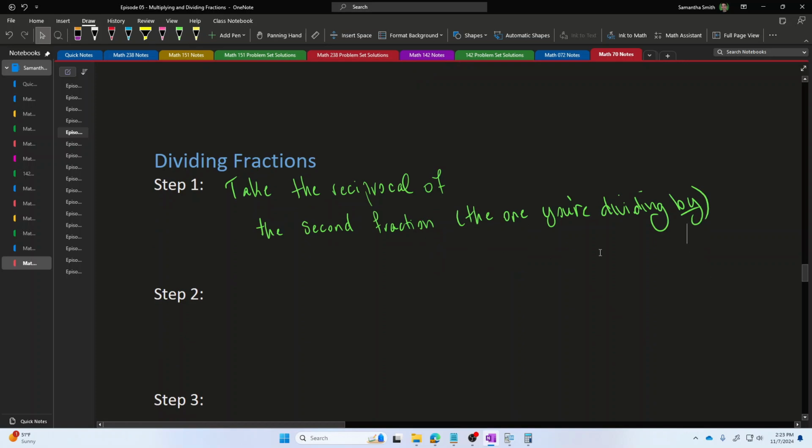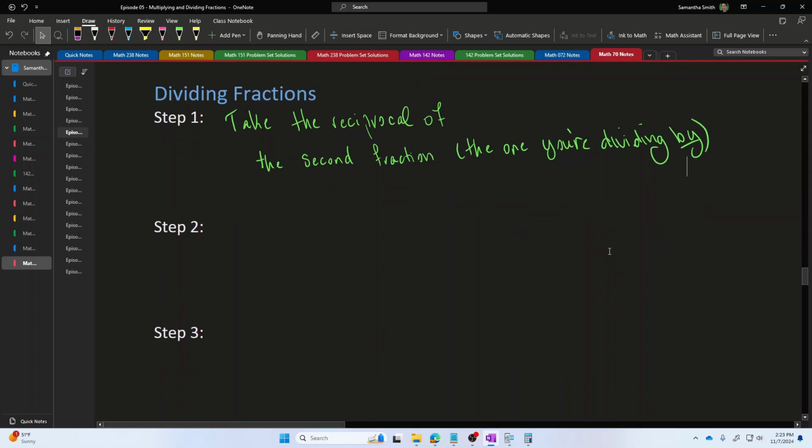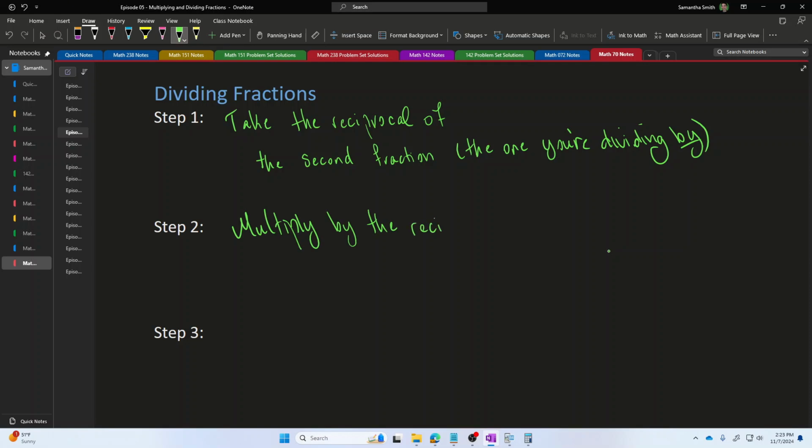Once you have taken the reciprocal of that fraction, your goal is to multiply by that reciprocal. And once you have finished that process, your goal is just to simplify the result if you can.